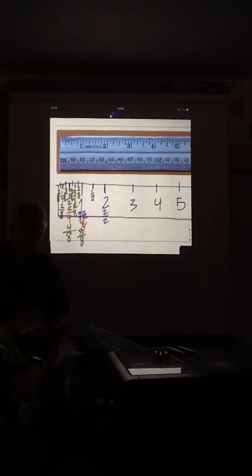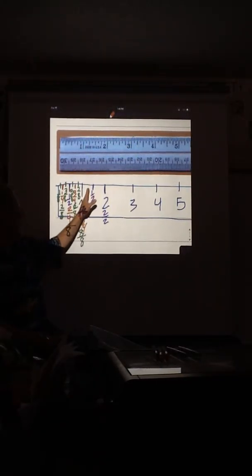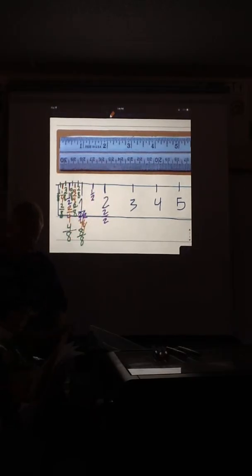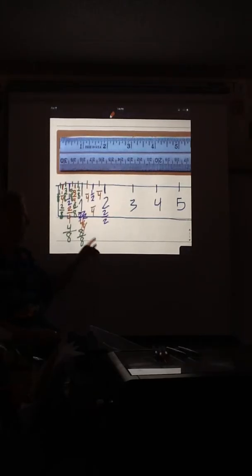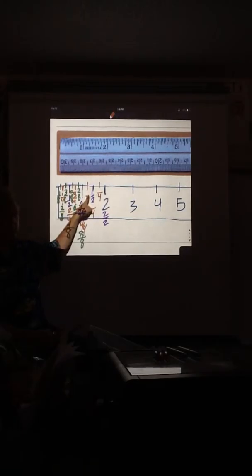Let's go to the orange now. What's the orange? I'm going to cut my half in half, and it's going to make it fourths because 2 times 2 is 4. So that's going to give me my fourths right there. Okay, so let's go ahead and fill those in, shall we? What's this one going to be? 1/4.